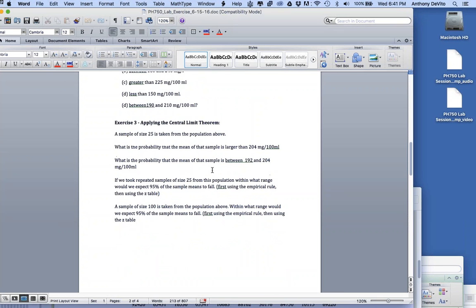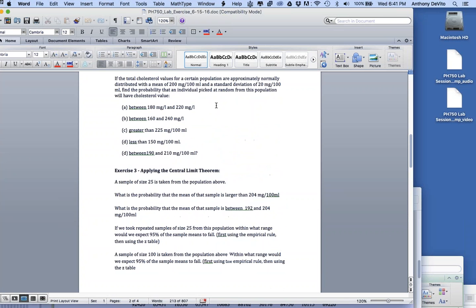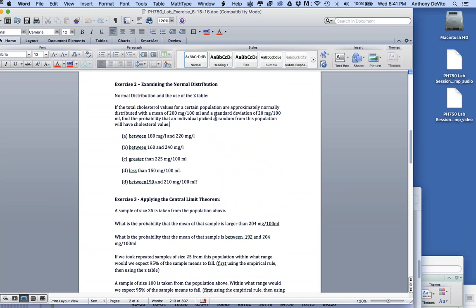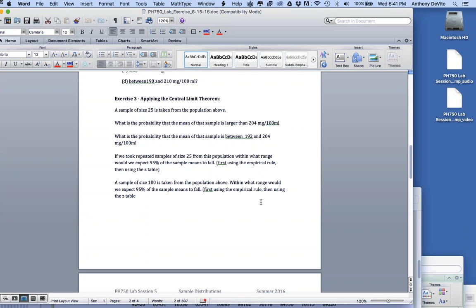Well, now let's take a look at the property of samples. We take a sample of size 25 from that same population. If the standard deviation of the population is 20, what's the standard deviation for all of the samples of that size that I might take?